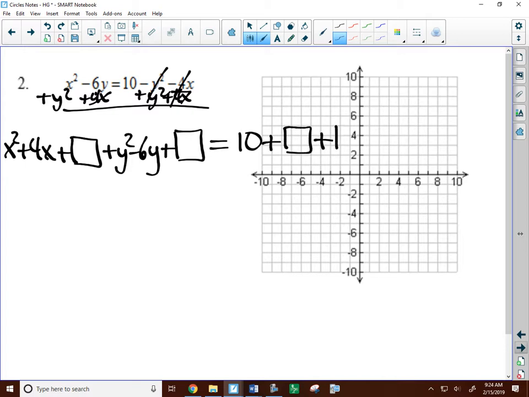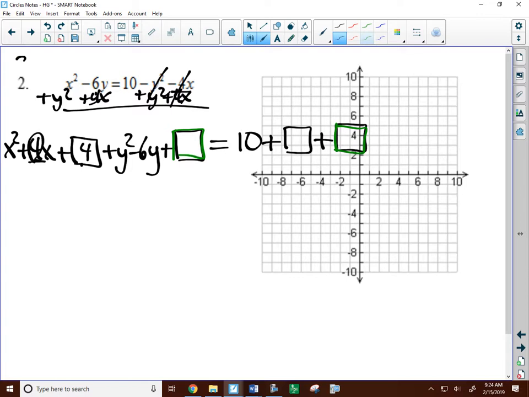Oh, there's my grid. Then there are the boxes from one in green on the other side. So B is 4. What goes here? 4.